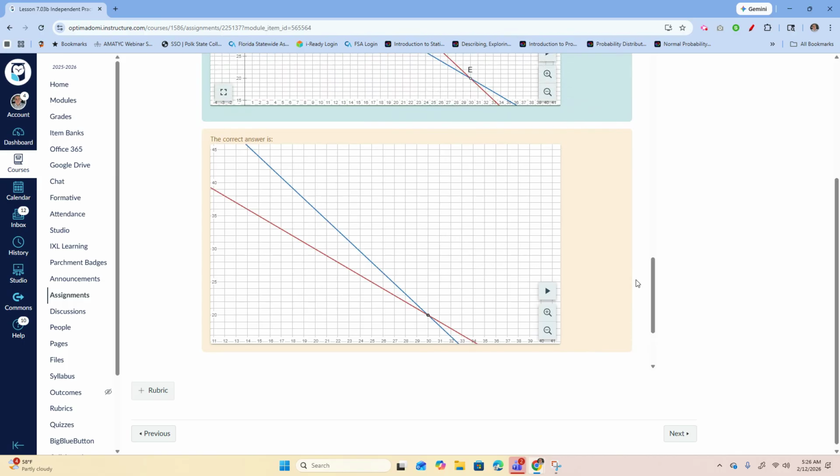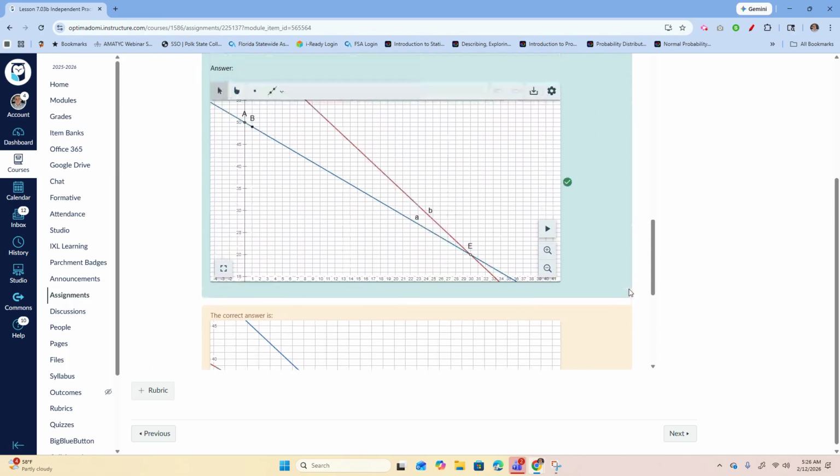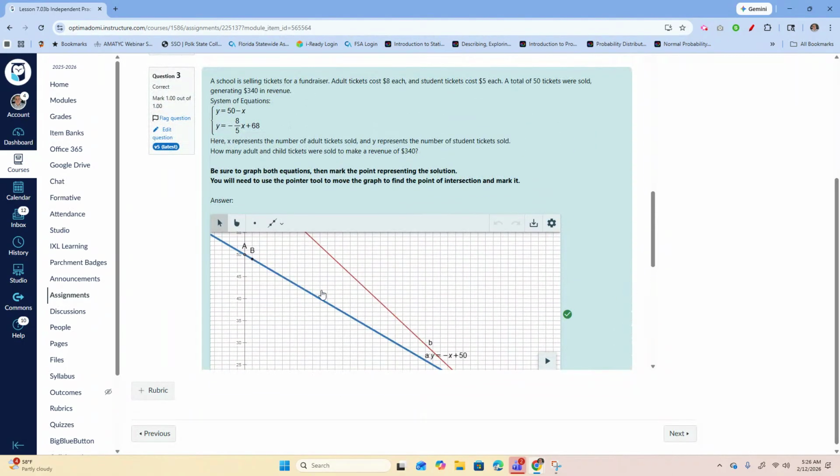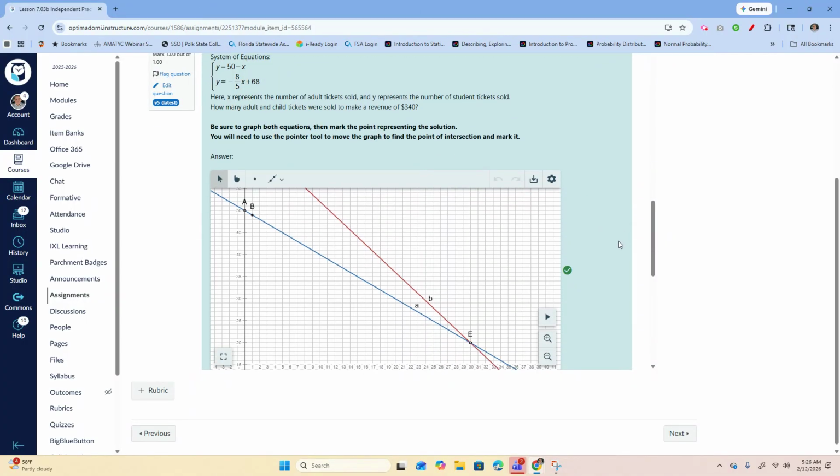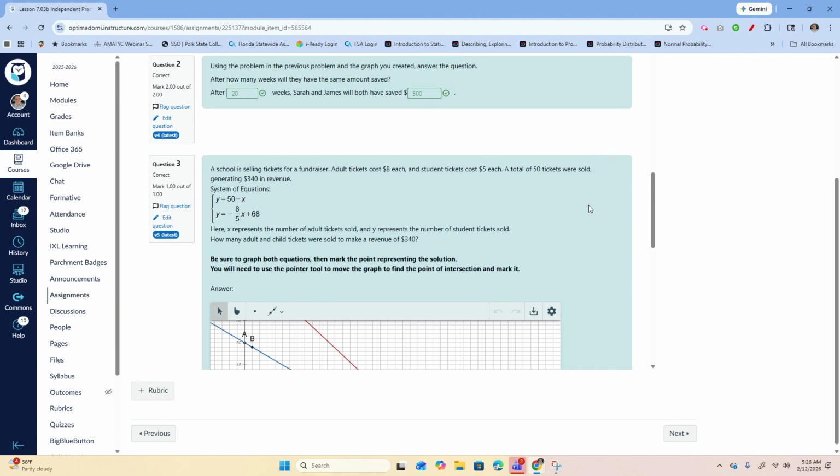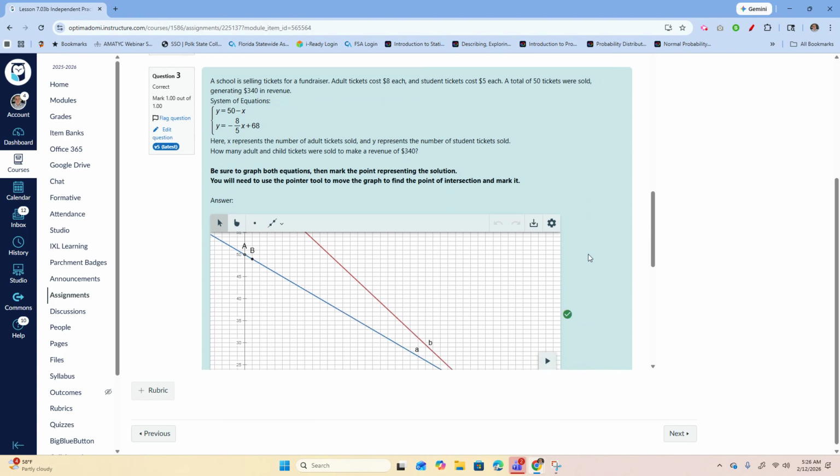Remember, when we did this graph, that's why it's important you read the story. What are these 2 lines showing? These 2 lines are showing you how many tickets were sold for adults and children, or students, I should say, and how much money they made.